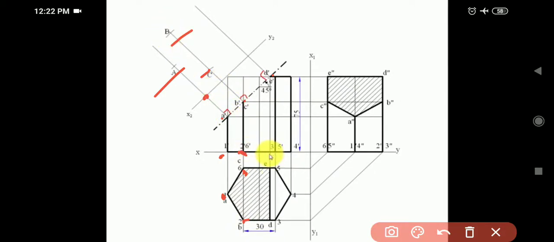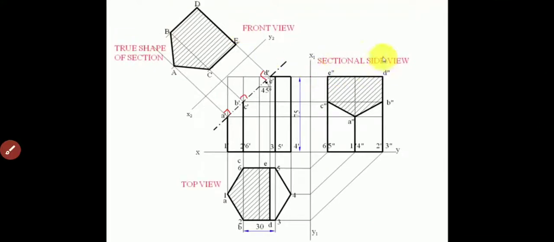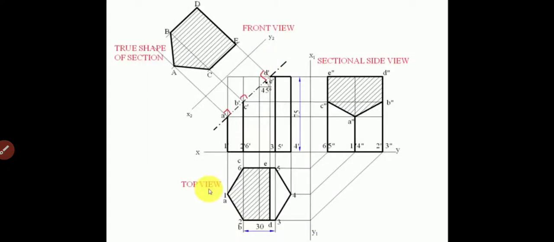Similarly from the third reference point take the E value and transfer it over here, and then D also, and join all those points. So that gives the true shape of that given diagram, and you can hatch it, and this gives the true surface of that diagram.